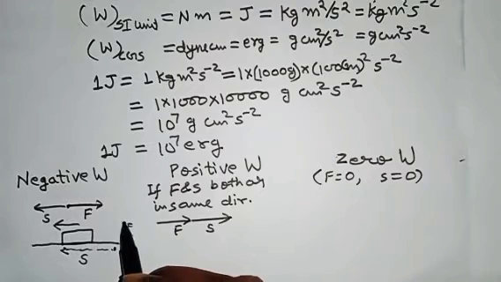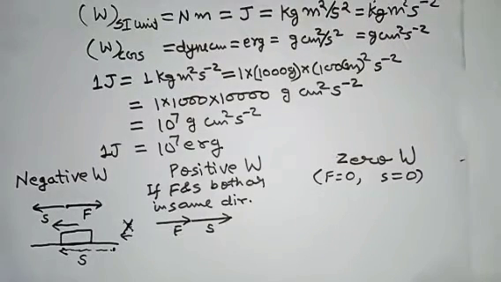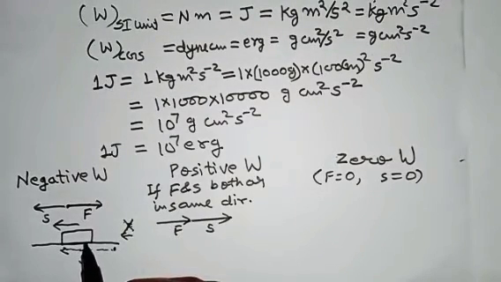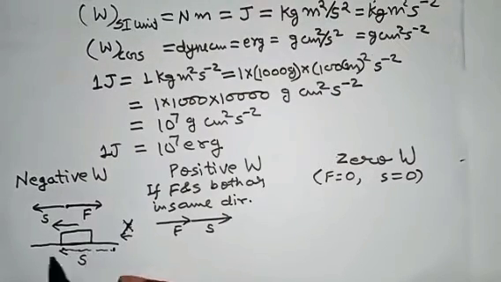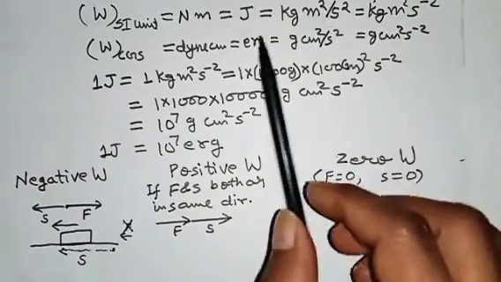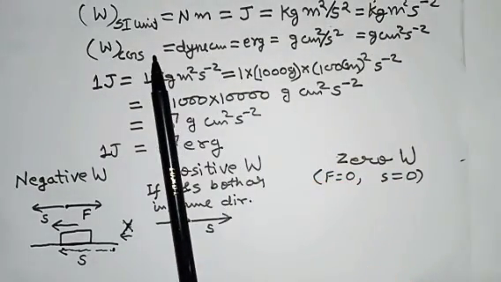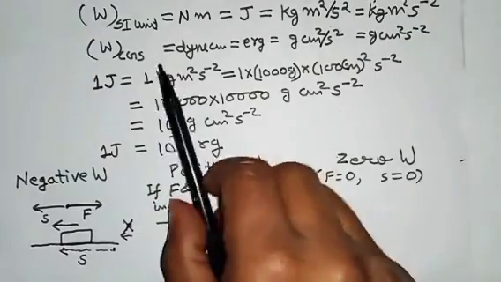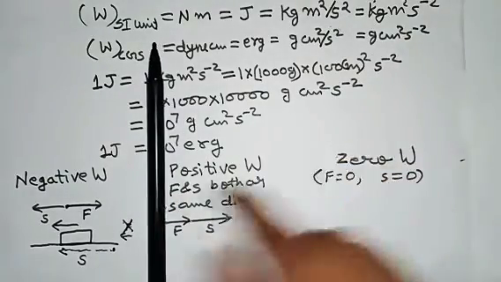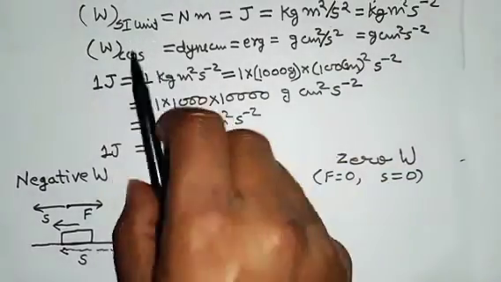But I'm not talking about the force applied by you, I'm talking about the frictional force. There is a frictional force between this object and the earth's surface, or the floor on which we are sliding it. So how has it stopped? Due to frictional force. So actually frictional force is acting opposite to its motion.